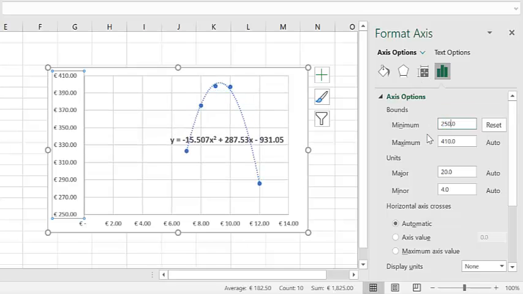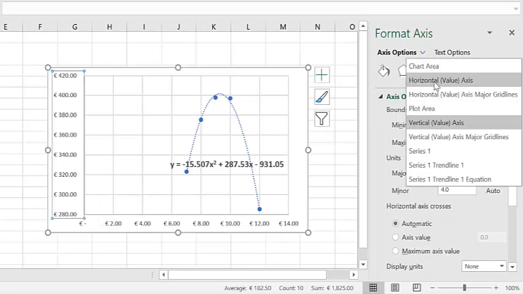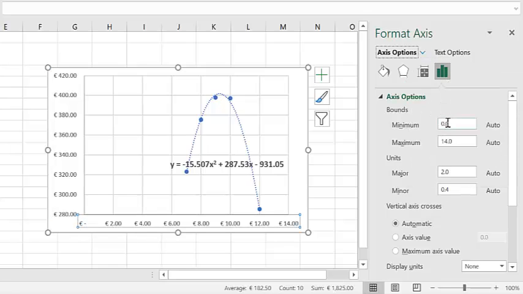As you can see, we can also make it from around 280 because the first value starts after 280. Now I am going to remove this part of the chart. So I am going to go on Axis Options and choose Horizontal Value Axis. And I'm going to set the minimum to be, for example, 5, so that I will remove this white space.